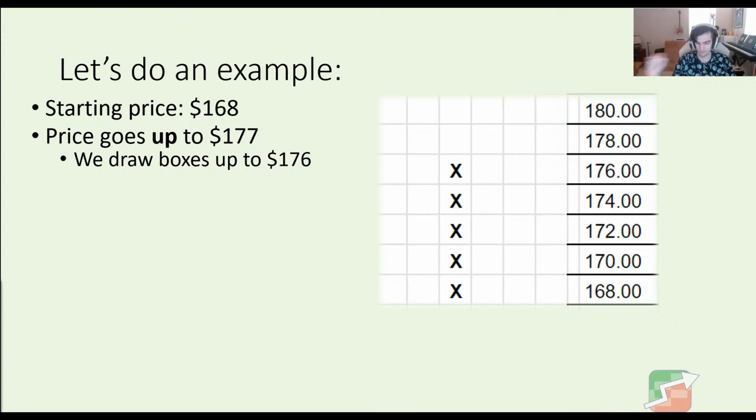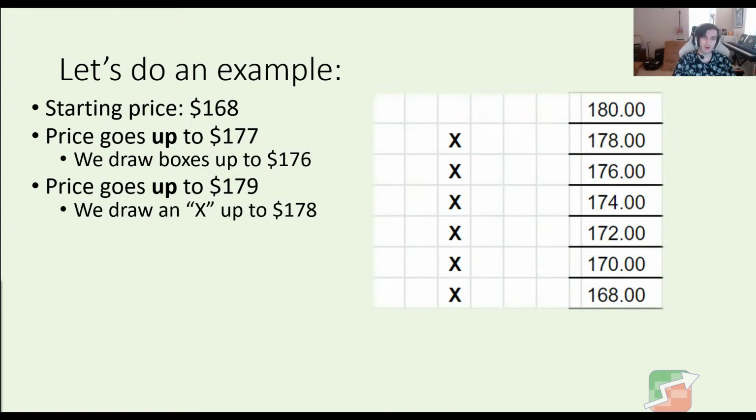Now, tomorrow happens, we have another good day in the market. Our price goes up to $179. So again, to add another piece in the same direction, we would need to have the price go above 178. 179 is above 178.